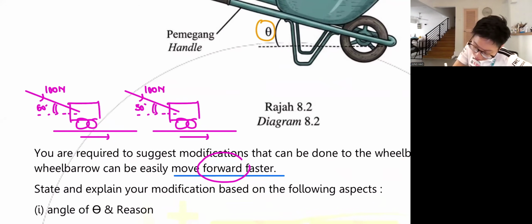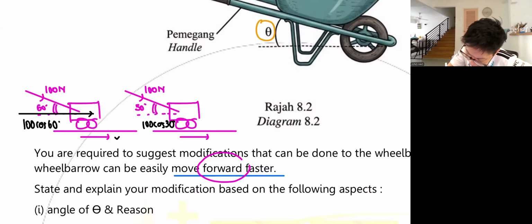You calculate the horizontal force. If this one you calculate horizontal, this will be 100 cos 60, right? If the 30 you also count, this will be 100 cos 30, right, guys? 100 cos 60 and 100 cos 30, which one is bigger? Of course, 100 cos 30.